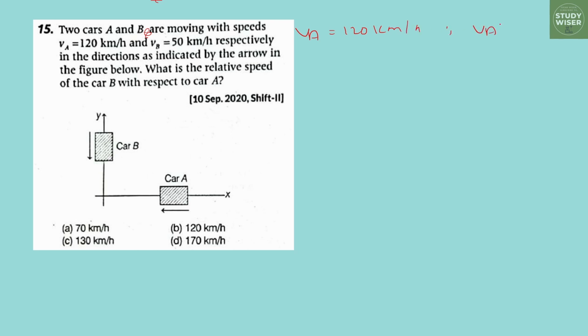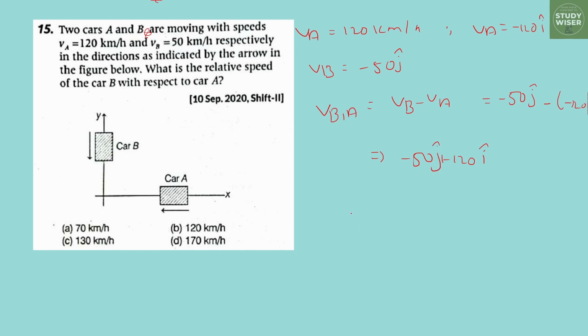Okay. VA is equals to minus 120 I cap negative x direction. సేమ్ అలానే VB వచ్చేసి minus 50 J cap ఎందుకంటే నెగిటివ్ y direction. Relative speed of B with respect to A అంటే VB minus VA అంటే minus 50 J cap minus of minus 120 I cap అంటే minus 50 plus 120 I cap minus J cap 120 I cap.